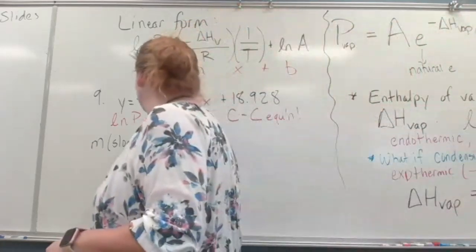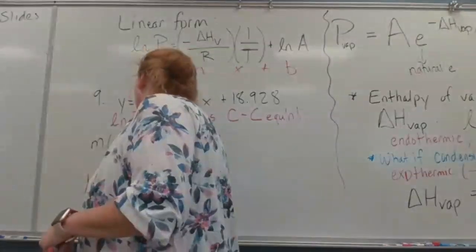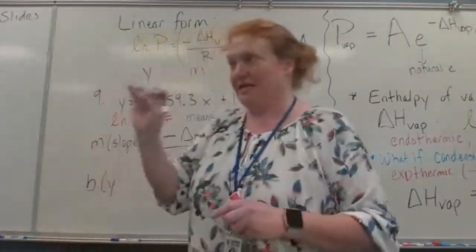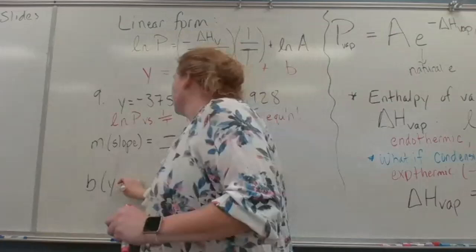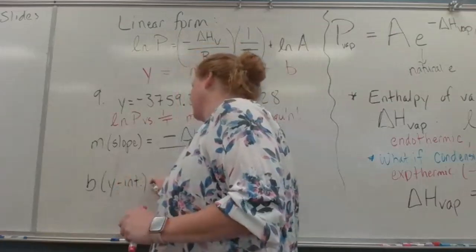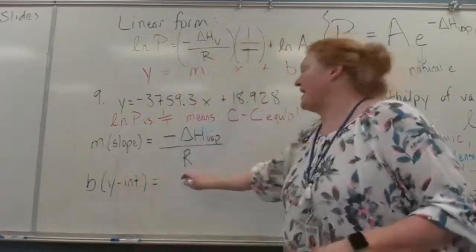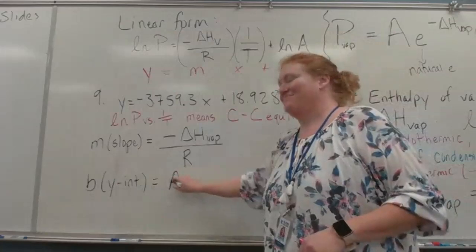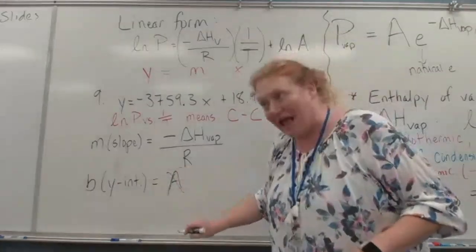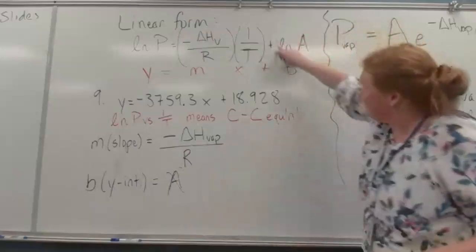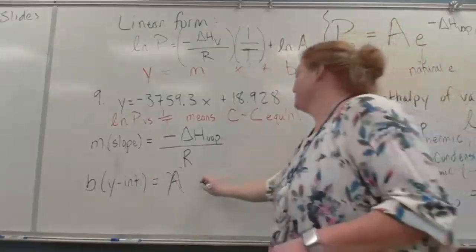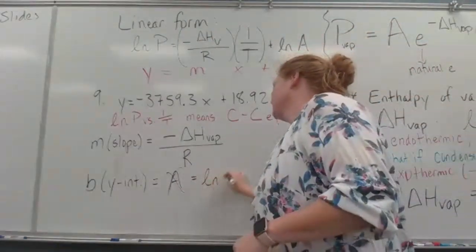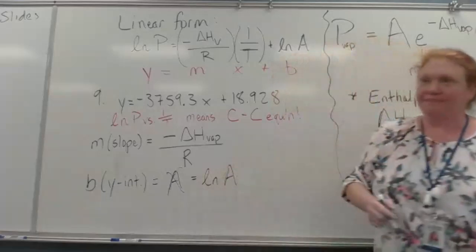What is this y-intercept in my equation equal to? That's what I need you to really understand. So that's the y-intercept. That is equal not to A, right? It's the natural log of A. b is this value.